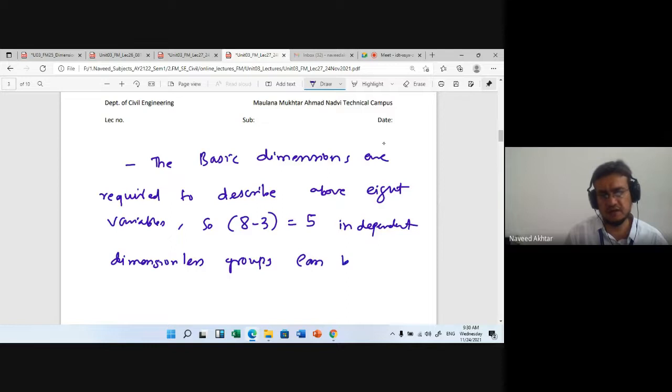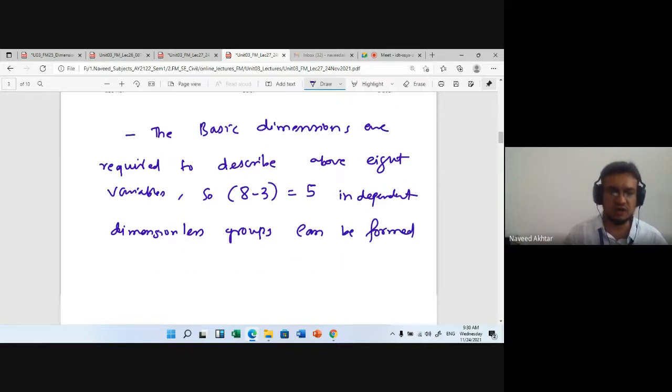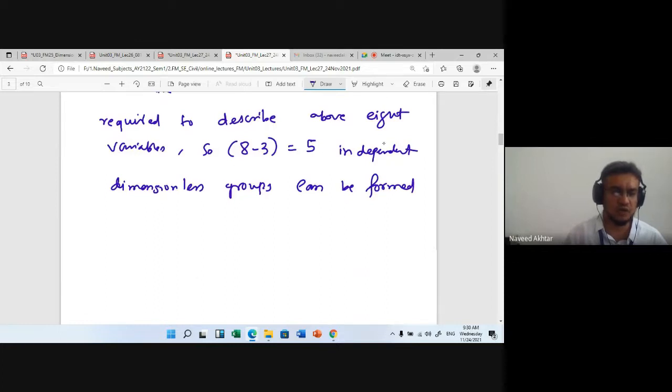So in the previous example we found four dimensionless groups because seven variables are there, and 7 minus 3 is 4.